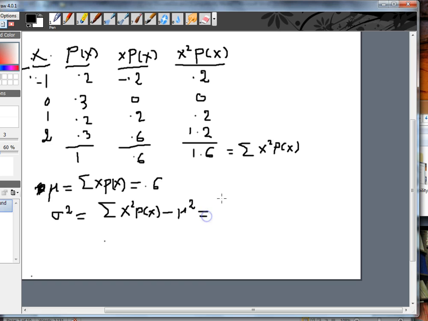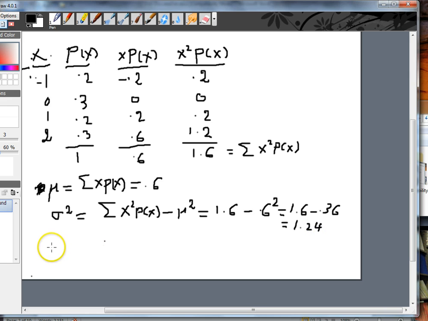I substitute here: 1.6 minus 0.6 squared, so that's equal to 1.6 minus 0.36, and that's going to be equal to 1.24.